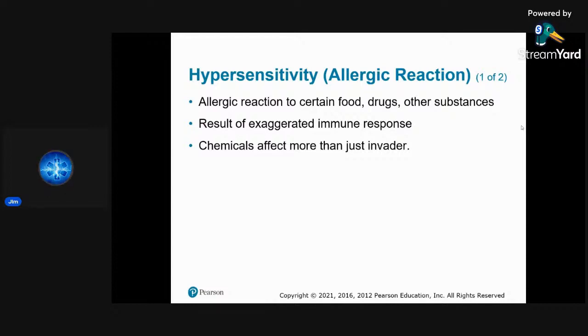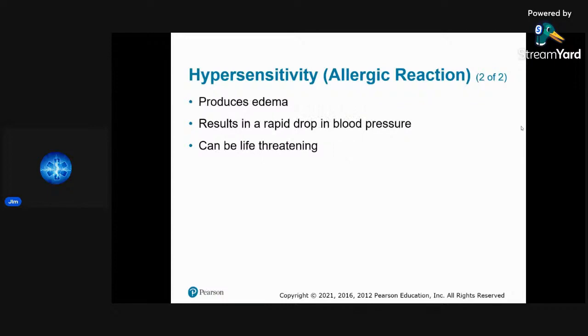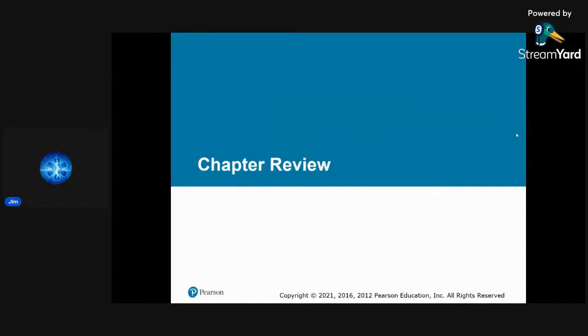It affects your respiratory system, your heart rate, and all other systems. It'll produce edema, swelling, especially in the airway, and result in a rapid drop in blood pressure because it's a distributive shock, remember? And it can be very life-threatening if left untreated.